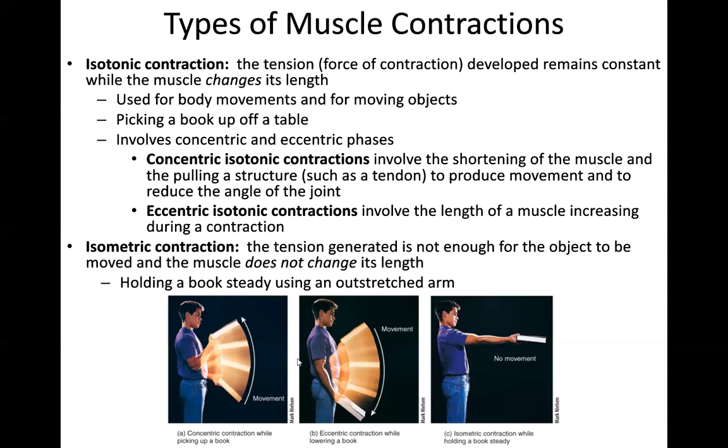The eccentric phase is where the muscle is lengthening during a contraction. So in other words, where the elbow is straightening back out, there's still tension in that biceps muscle, but the key is the muscle is lengthening versus when it's shortening.